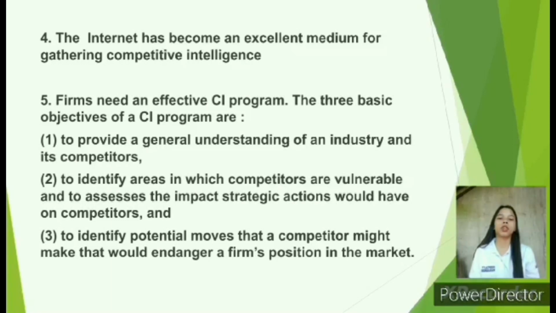Number 2 is to identify areas in which competitors are vulnerable and to assess the impact strategic actions would have on competitors. And number 3 is to identify potential moves that competitors might make that would endanger a firm's position in the market.